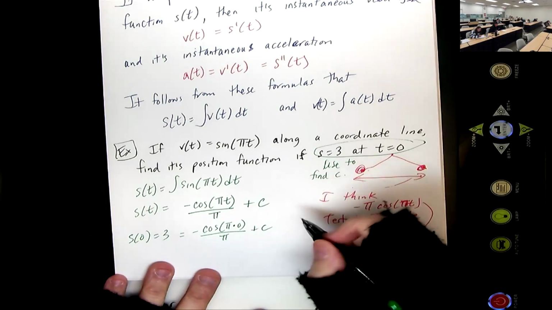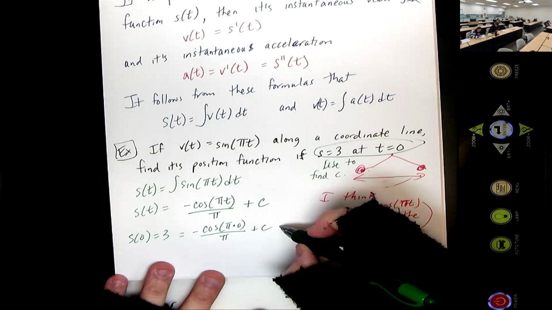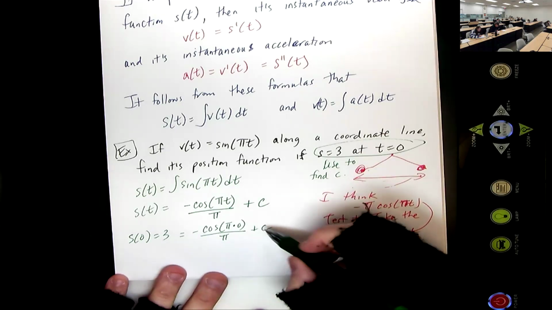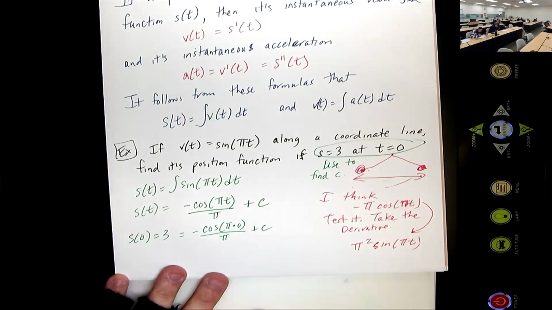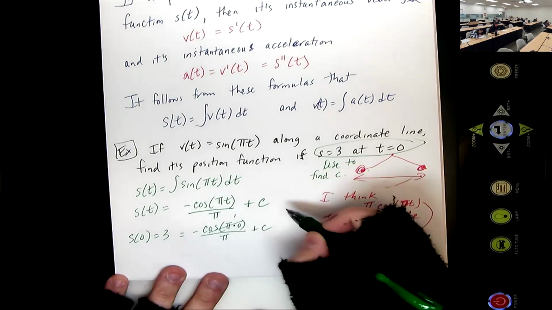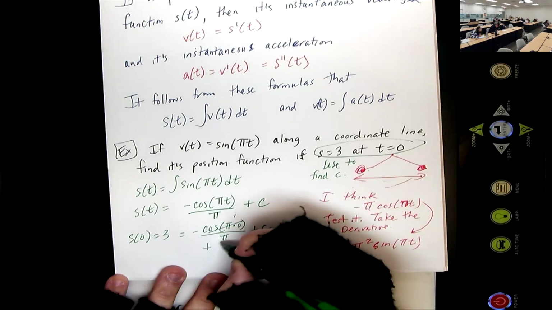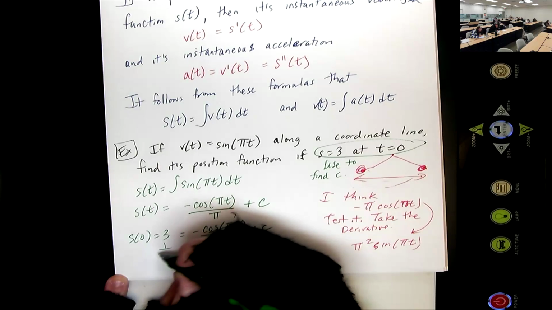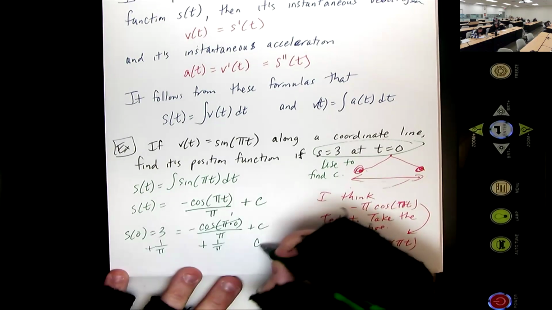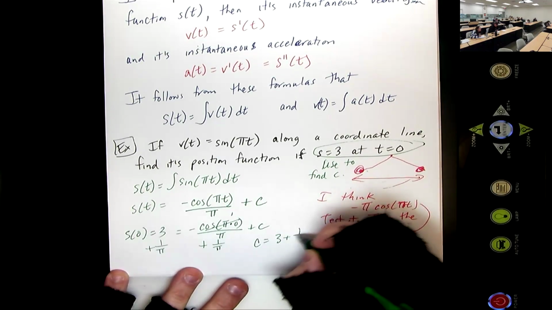Oh, that is so ugly. What does that evaluate to? What's cosine of 0? Oh, I know, it'd be nice if it was 0. It's not 0, this is 1. So if I add 1 over pi to both sides, I get C. C equals 3 plus 1 over pi.